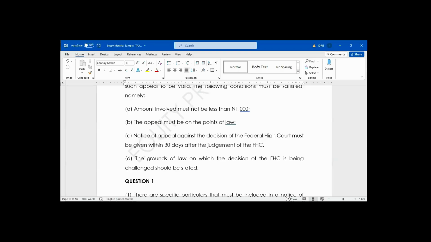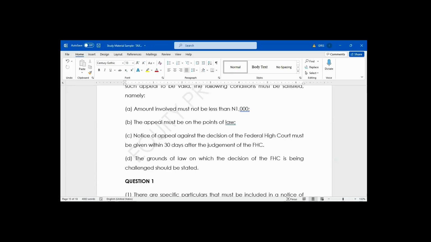So, ladies and gentlemen, if they ask you to explain the tax assessment procedure, what do you need to state? Where do you need to start? The first assessment procedure will start from where? Who can tell me? Self-assessment.